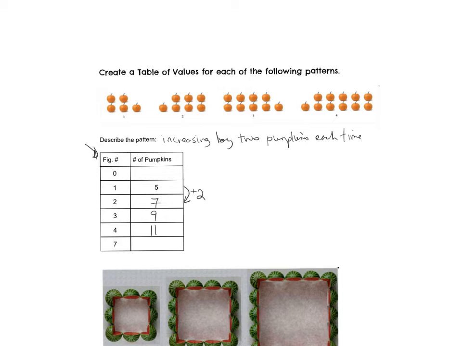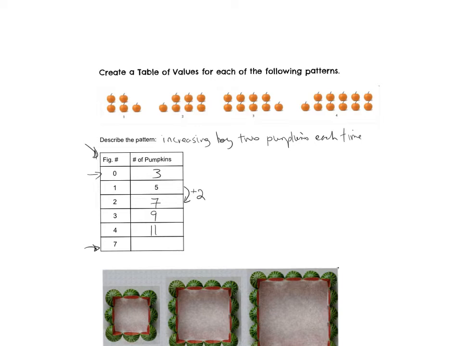So now we always need to make sure we have figure 0 also in this. And we'll use that in a minute with our expression builder. But the number of pumpkins, if there was a figure 0, if we back up 2 pumpkins, there would be 3 there. We'll worry about this bottom one in a minute. Okay, so now we have our table of values filled out.